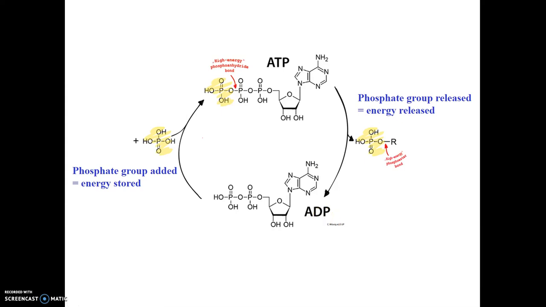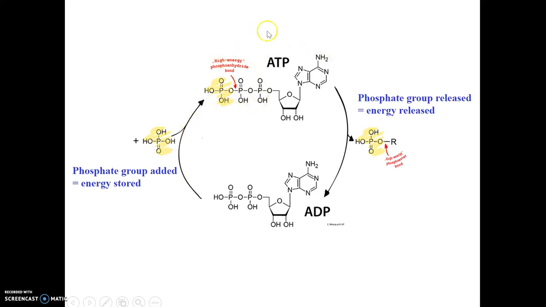Once the cell brings in more glucose and uses that glucose to produce this ATP molecule, what happens in cellular respiration, we'll go into that in more detail in another video, but the energy that the cell takes in from glucose is used to add this third phosphate group back onto the ADP molecule and produce more ATP.